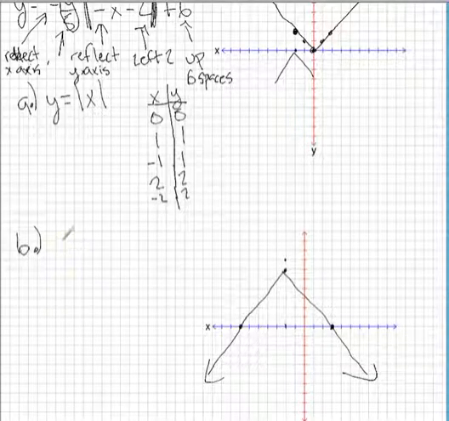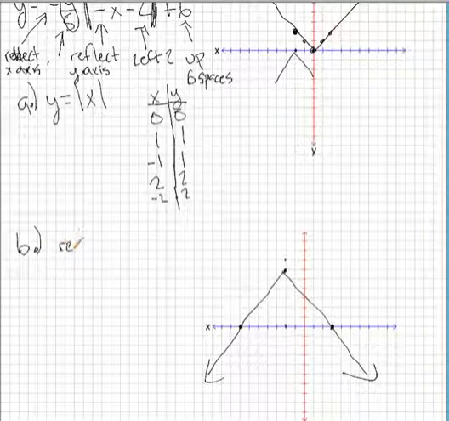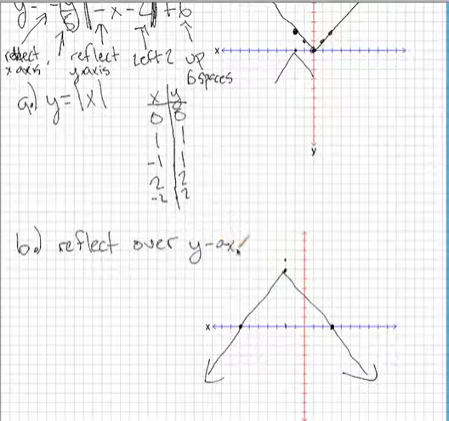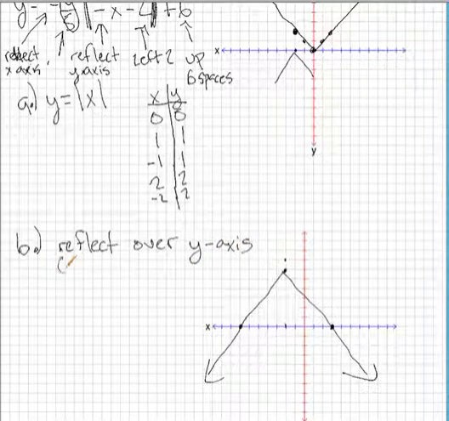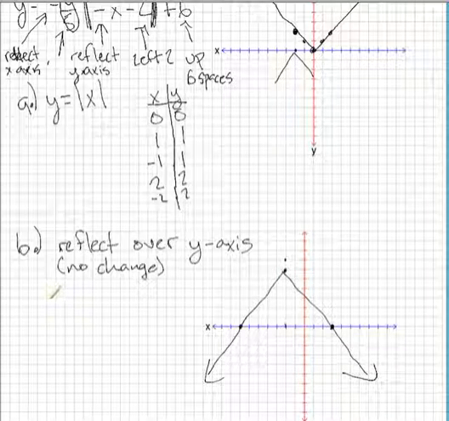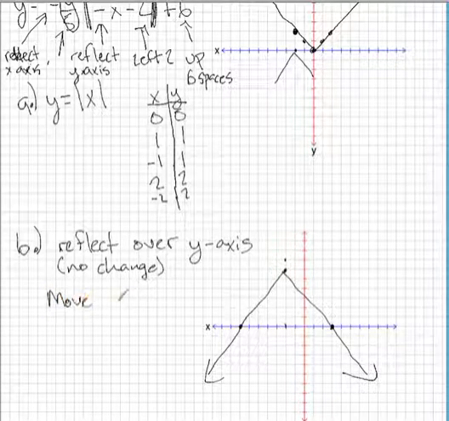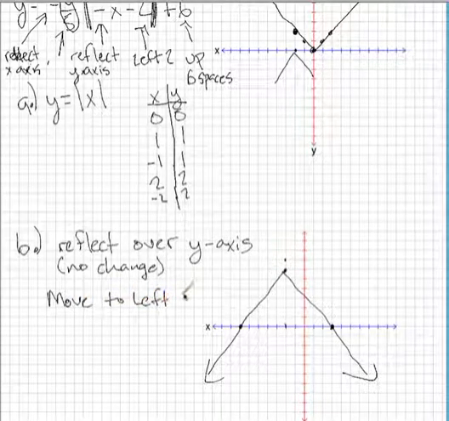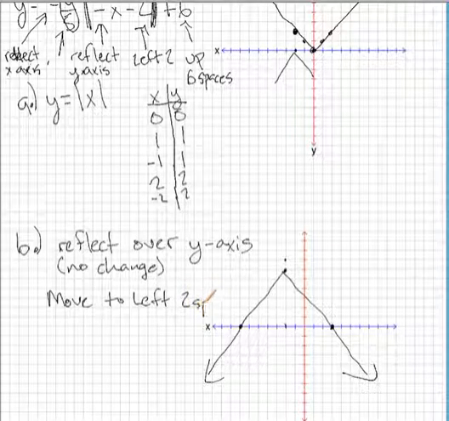So first we reflected over the y-axis, and I'm going to put in parentheses, no change. Then we moved to the left 2 spaces.